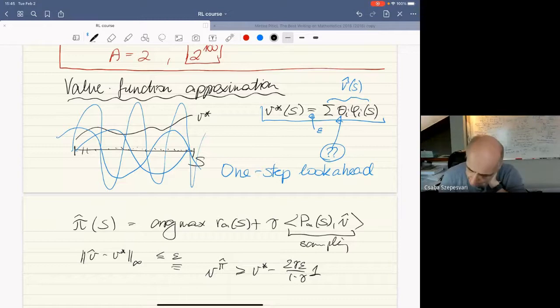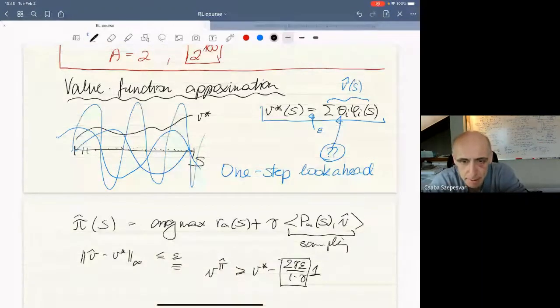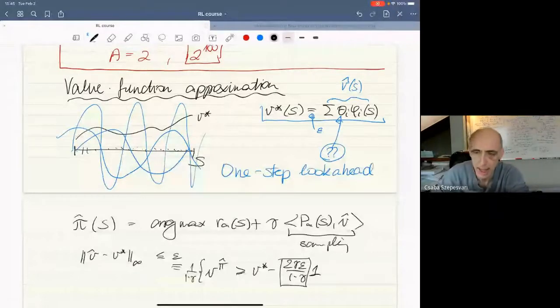Yeah, it can explode by this factor of 1 over 1 minus gamma, but then we just say epsilon is going to be small enough so that even this is a small value. So we just need to make sure that our epsilon is small compared to 1 over 1 minus gamma. Actually, the scale of this whole thing is 1 over 1 minus gamma. So in a way, this 1 over 1 minus gamma shouldn't bother us that much.